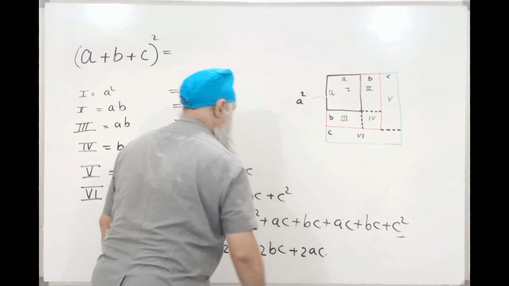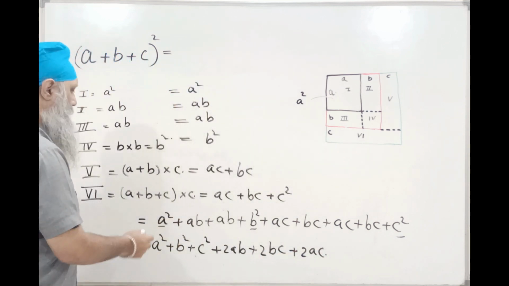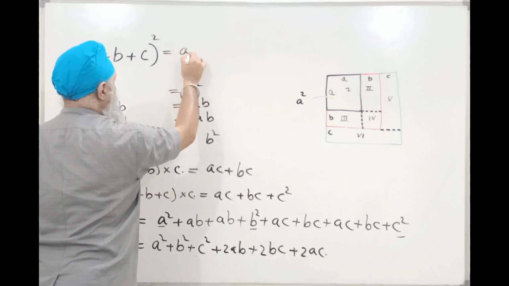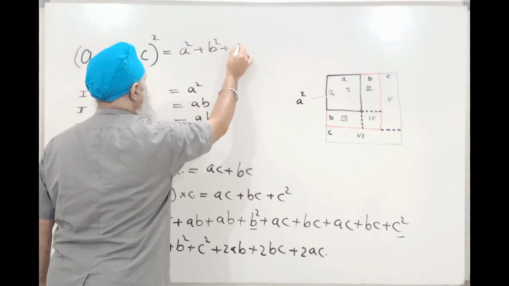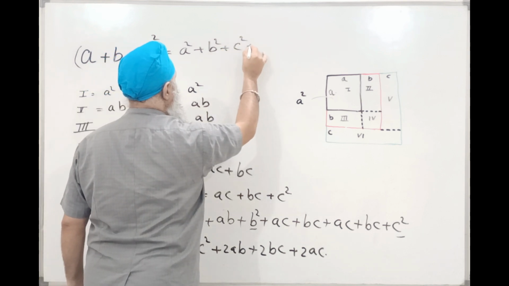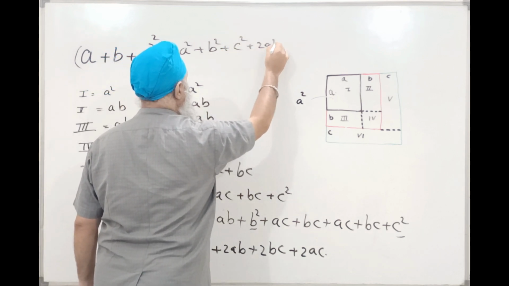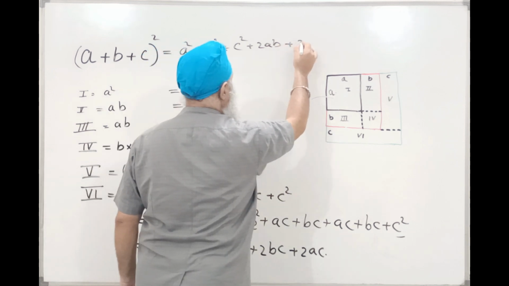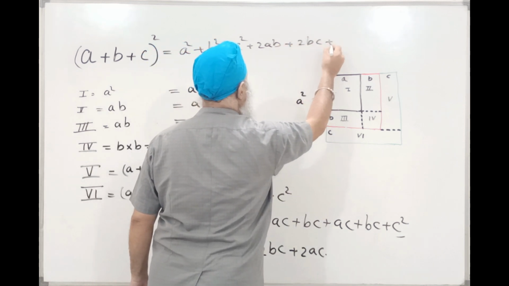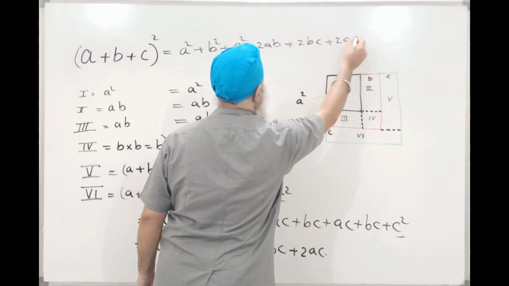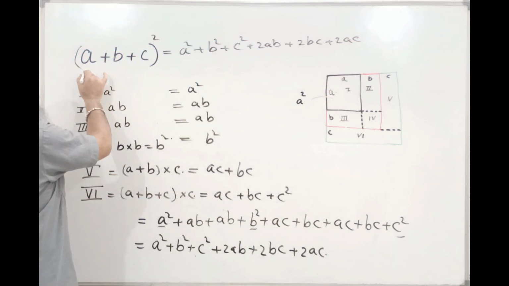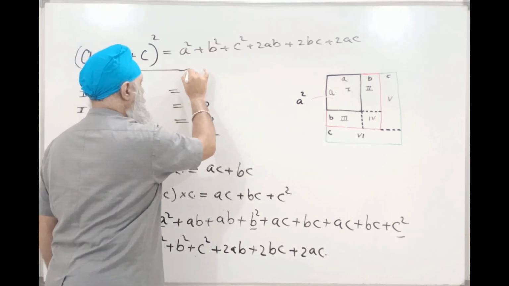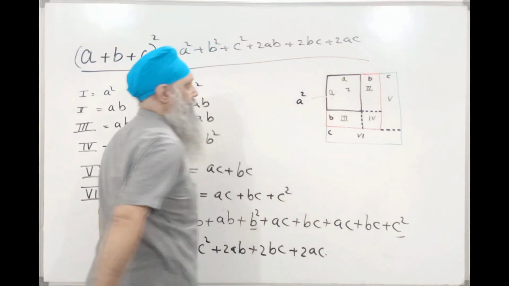So it comes out to be A square plus B square plus C square plus 2AB plus 2BC plus 2AC. So this is the final result for (A + B + C) whole square. Thank you.